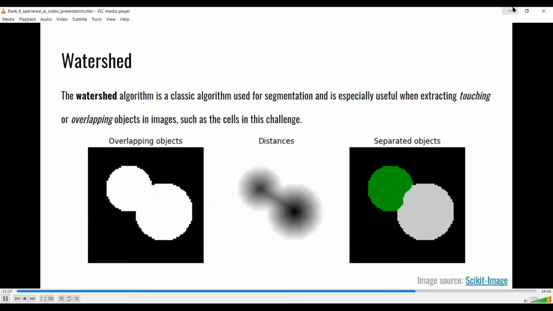As our model gives us binary masks for each class and we need to separate each instance, post-processing steps are required. There is a well-proven traditional computer vision algorithm called watershed. It is an algorithm for segmentation which helps to separate touching or overlapping objects, especially when they have circle or elliptic shapes.